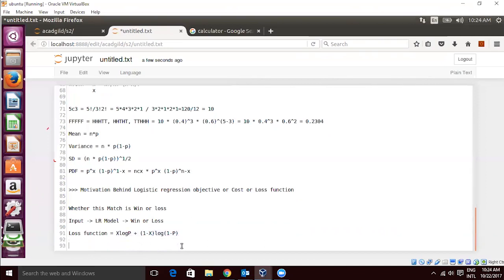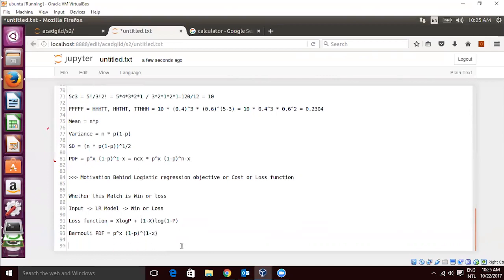Let us recollect the Bernoulli distribution probability density function, the Bernoulli PDF, which is p to the power of x into 1 minus p to the power of 1 minus x. Let us apply the log function here.